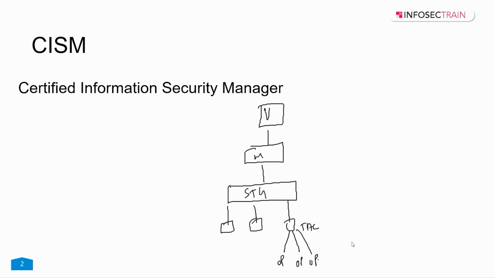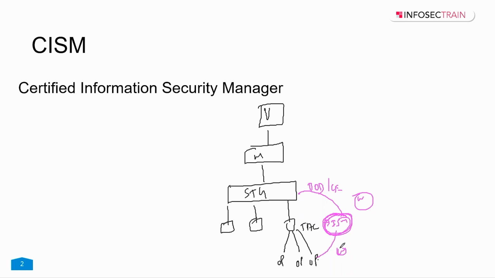Now here is the information security manager. He or she is a subject matter expert for the board or CEO on what is security, and the information security manager acts as a subject matter expert for the operation team on what is business.